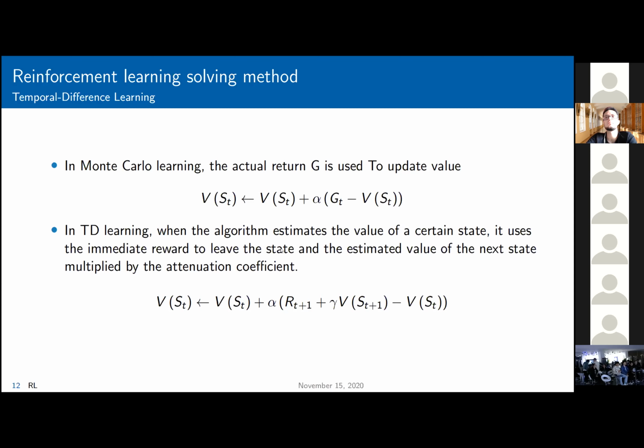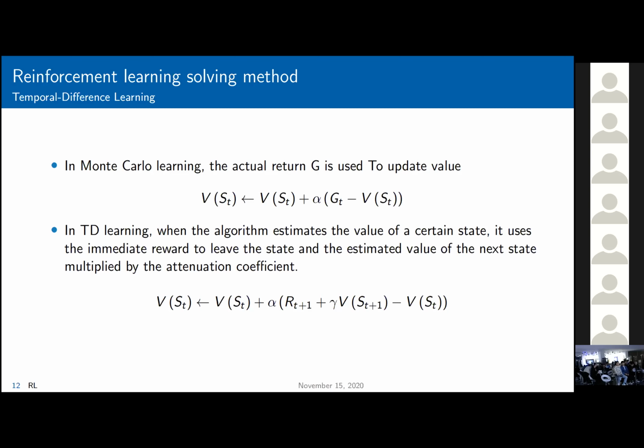TD prediction is to calculate the state value. In terms of calculation time, TD is faster than the Monte Carlo method. According to the formula, TD only needs to wait until it jumps to the next step to know the state value of the current state. However, the Monte Carlo method needs to wait until the end of the entire episode to get the current state value.